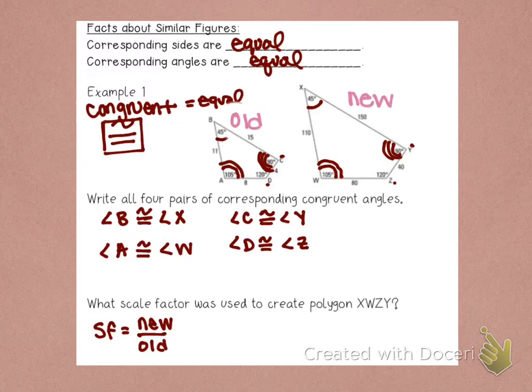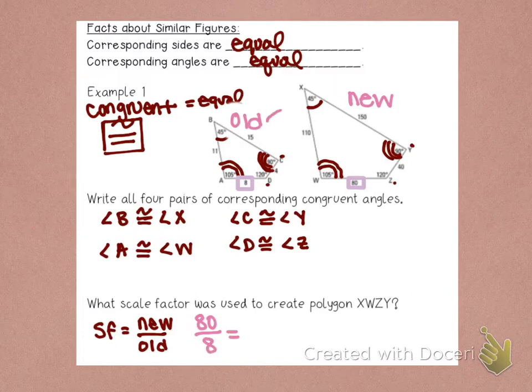Okay, so new over old, I would pick a number, and it has to be in the same spot of each of these diagrams. So I'm going to pick this bottom number, 80. So 80 would be my new, and I would look at my old figure and go to the same exact place and see that the 8 lives there. So for my scale factor, I would write my new, which is 80, and put it on top of my old, which is 8.